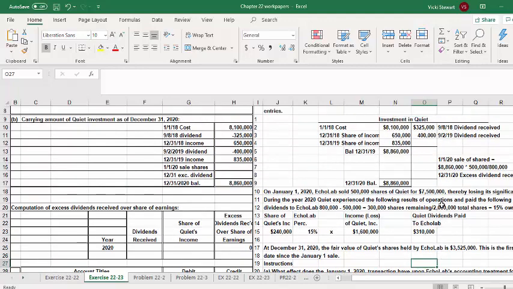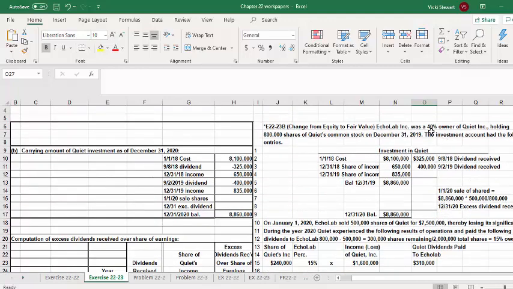So in the beginning, Ecolab was a 40% owner of Quiet and used the equity method. However, when it sold 500,000 shares of Quiet, its percentage ownership dropped to 15%. We can calculate that because they originally owned 800,000 shares and sold 500,000, so they have 300,000 shares remaining.